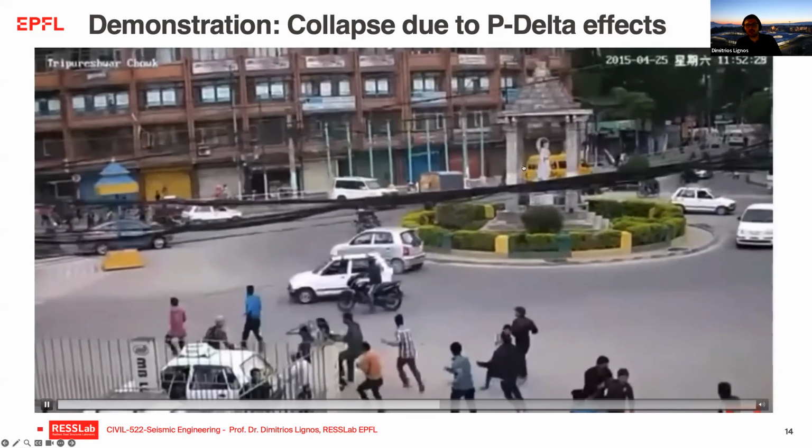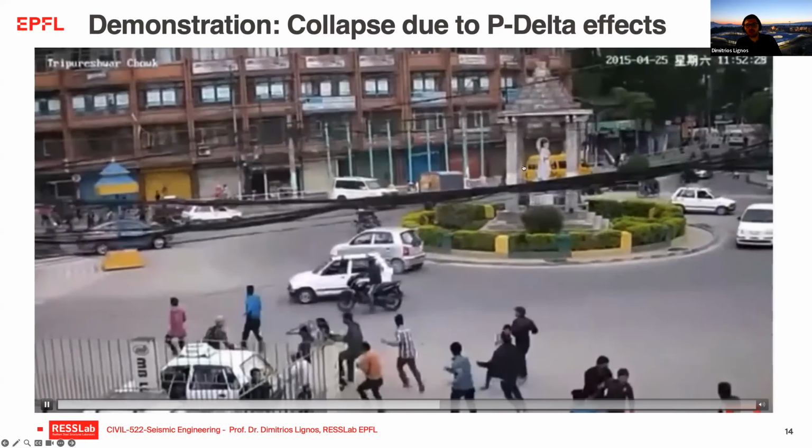And if you are out here, the actual capacity of my frame is not going to be Vy, but it's going to be Vy minus N times delta divided by h. So the more deflection that I allow, so the more delta I allow, the more strength I'm actually losing. And of course, if I project this line and I go all the way to the point that it hits the zero axis, this would be the point that essentially will correspond to collapse.